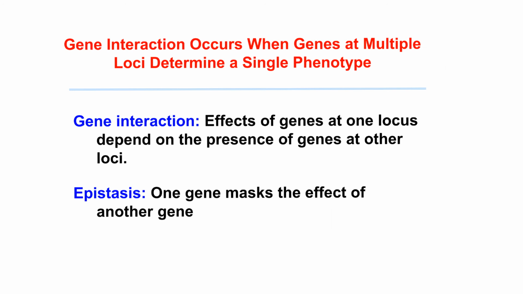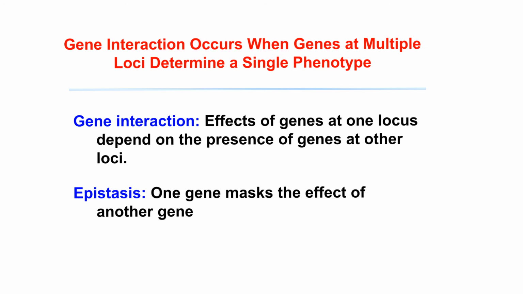However, since many characteristics are encoded in metabolic pathways where one intermediate is the substrate for another, and one conversion is catalyzed by one enzyme, the second conversion by a second enzyme, and each enzyme is encoded by a different gene, under such a scenario one gene affects the appearance of the second one, and we talk in this case about gene interactions.